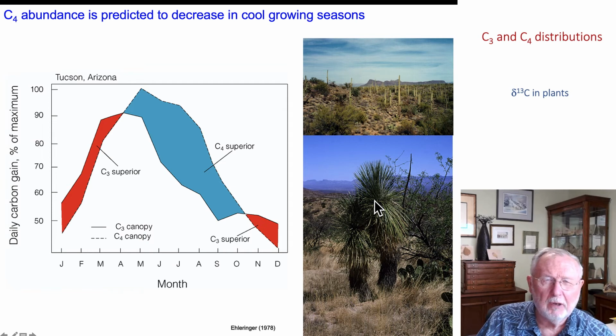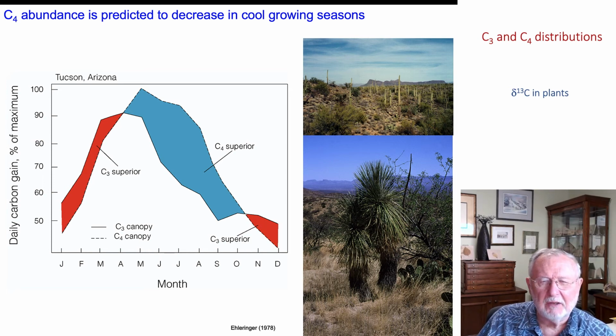The quantum yield model also predicts that in places such as the Sonoran Desert and the Chihuahuan Desert, where you get both winter rain and summer rain, the grasses in the winter should be largely C3, and in the summer they should be largely C4. In fact, it's a well-known observation that the grasses in Tucson and other parts of the Sonoran Desert are C3 during the winter, and during the summer those C3 grasses go dormant, and instead the landscape is dominated by C4 plants.